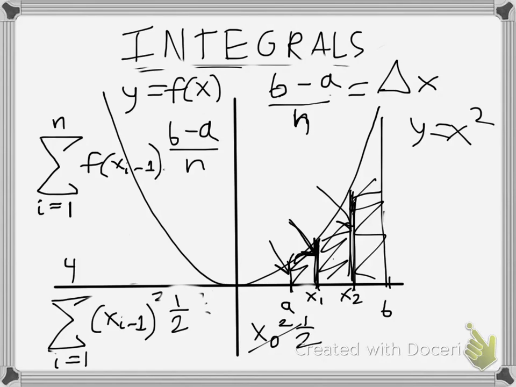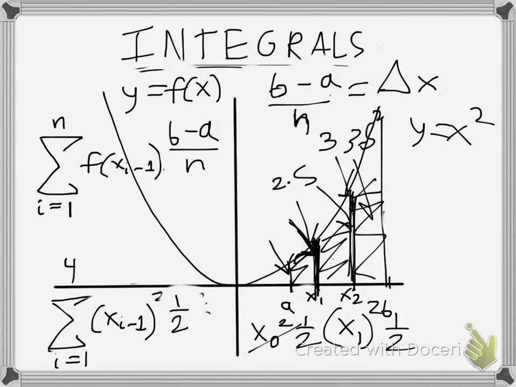And then it would be x sub 2 minus 1 squared, so x sub 1 squared times 1/2. Remember, x sub 1 was 2.5. So 2.5 squared times 1/2, then this one would be 3 squared times 1/2. This would be 3.5 squared times 1/2. So as you can see, we're just adding up the areas of all of these rectangles.